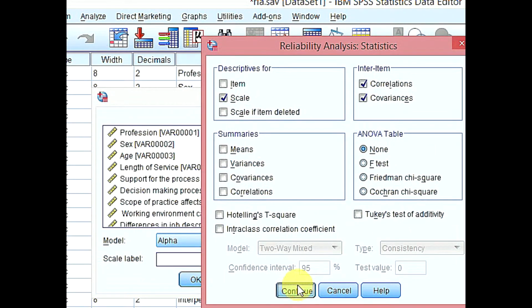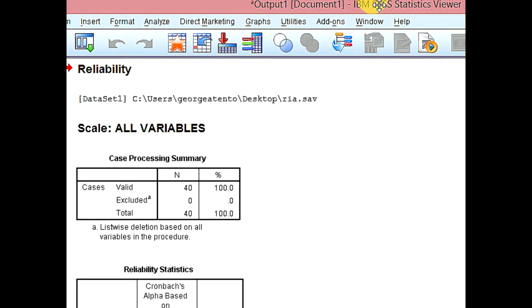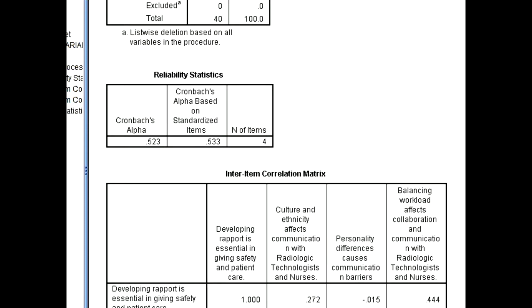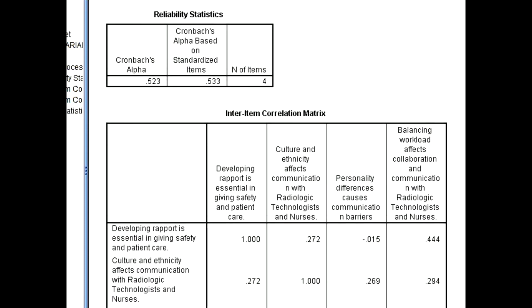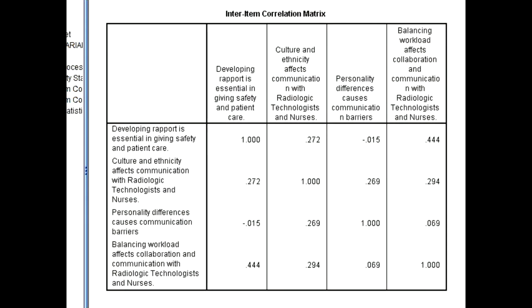And then you continue, and when you press OK, you will just have to wait for the reliability results. So as I said, the reliability here is 0.523533. This may be inconsistent for some books that we have, but then you have to go through the inter-item correlation matrix to find out what's wrong with these kinds of questions.